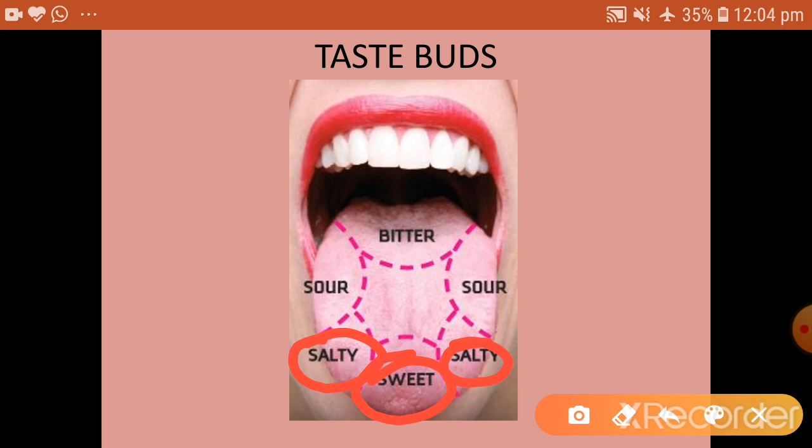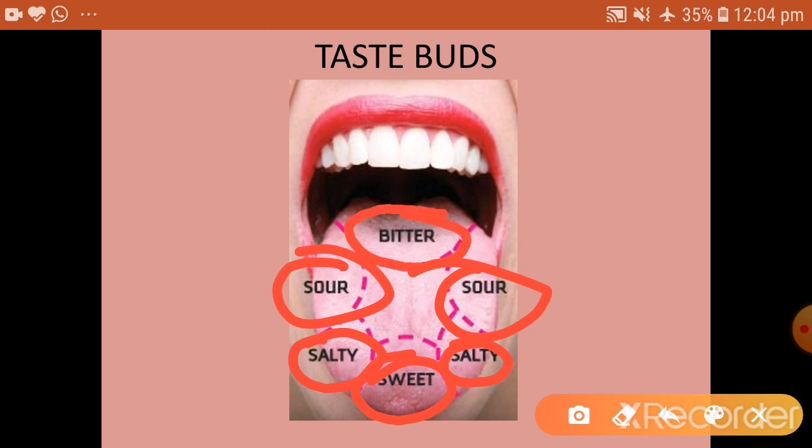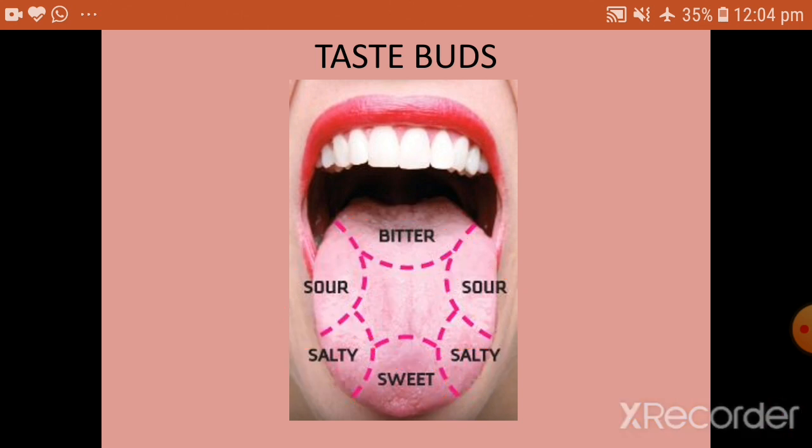If you take anything sour, you'll feel it on this part, and bitter you will feel right on the inner part of the tongue because of the different taste buds present on the tongue. These taste buds you will do in detail in higher classes. Right now you just remember the regions where you feel the different kinds of tastes.